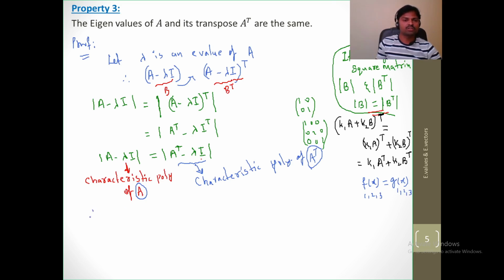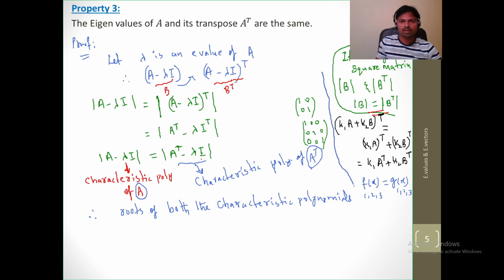So therefore the conclusion is: the roots of both the characteristic polynomials are the same.